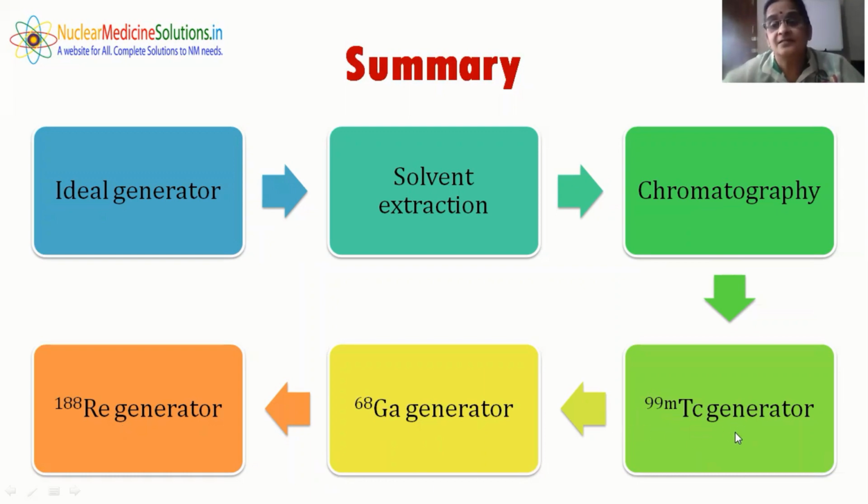But here this is the single photon emission radionuclide, and this is the PET radionuclide, and this is the therapy radionuclide generators that we have talked about in this presentation.